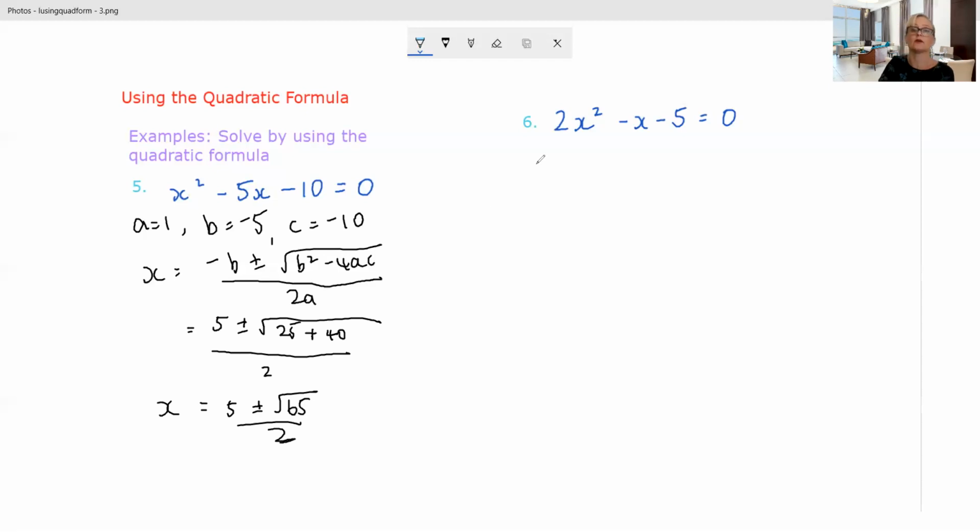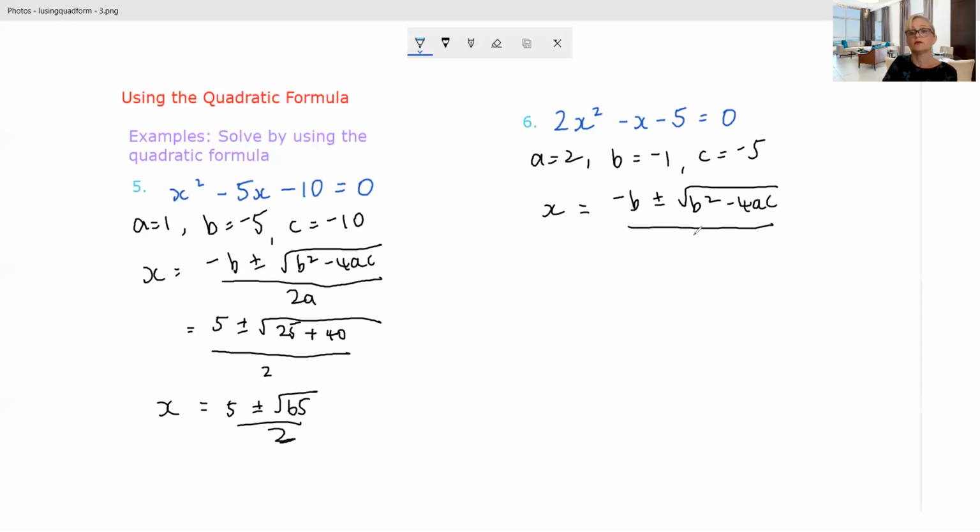Last one for this video. A is 2, B is -1, C is -5. We write our rule. x is negative b plus or minus square root b squared minus 4ac all over 2a. Subbing in, if b is -1, negative b is +1, b squared will be 1.